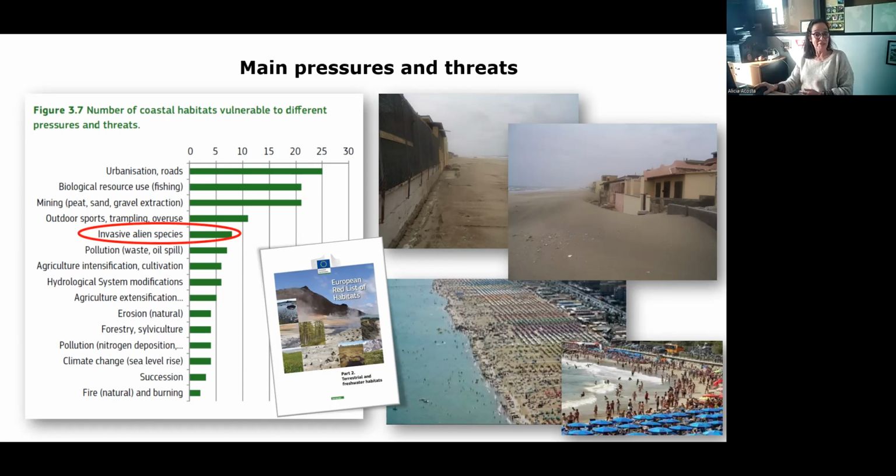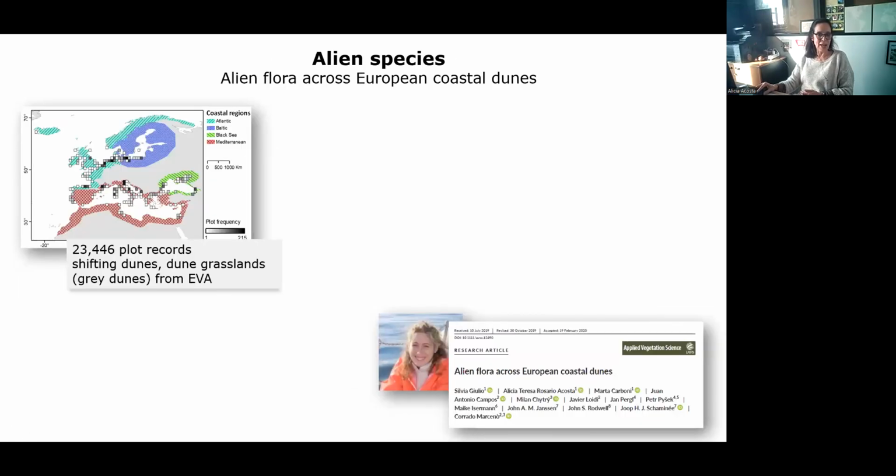about another threat, invasive alien species, which is the fifth, according to this report, in coastal dune habitats. Silvia Giulio and colleagues analyzed patterns of invasion across coastal dunes at European level, so considering the Mediterranean, Atlantic, Baltic, and Black Sea.